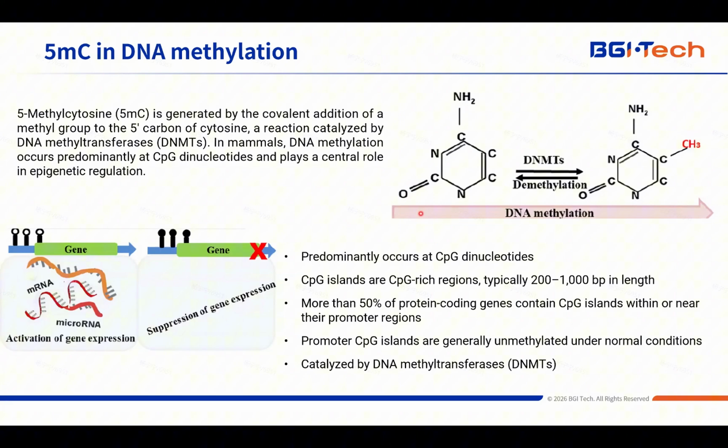More than half of gene promoters contain CpG islands. When CpG islands within these regulatory regions, especially promoter regions, become methylated, transcription factor binding can be inhibited, leading to changes in gene expression.